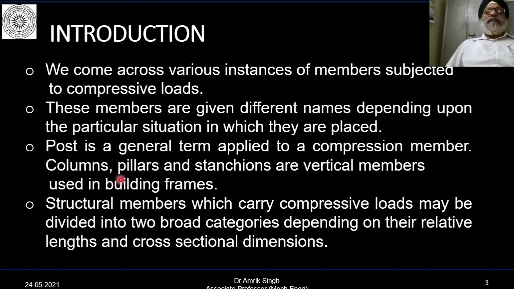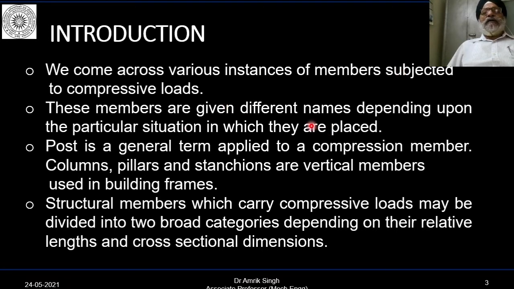Introduction. Column, stanchion or pillar are the general words used in our day-to-day life. Columns, in general terms, are structural members which are subjected to compressive loads.